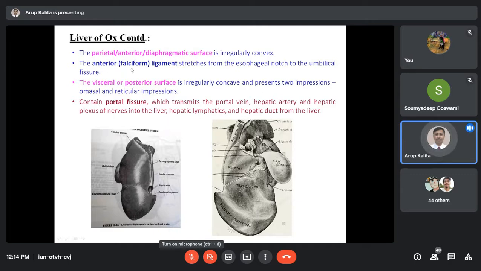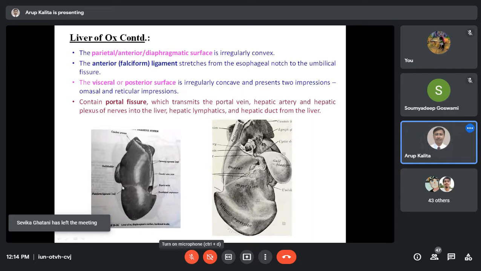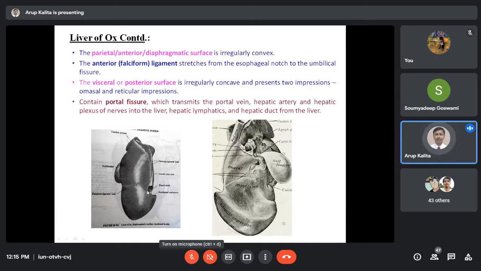The anterior falciform ligament stretches from the esophageal notch to the umbilical fissure. Here you see, this is the umbilical fissure. This is the esophageal notch. So there is one ligament, this ligament. Have you seen the white color line here? Yes, sir.